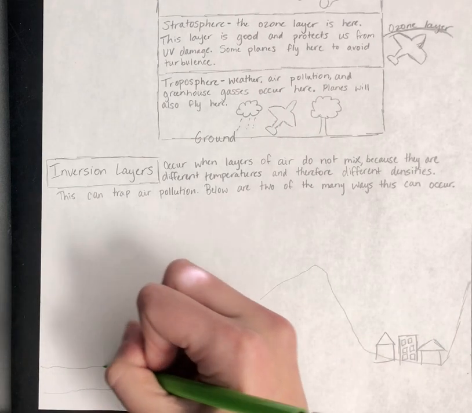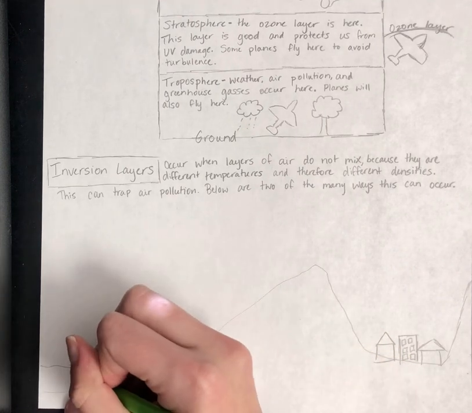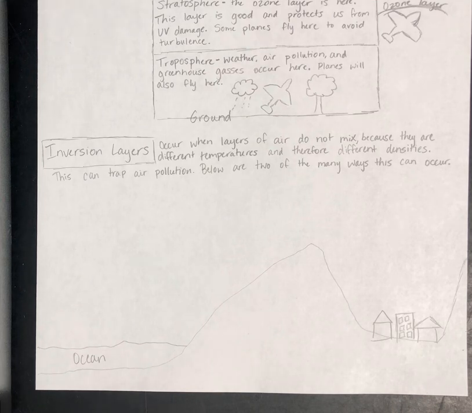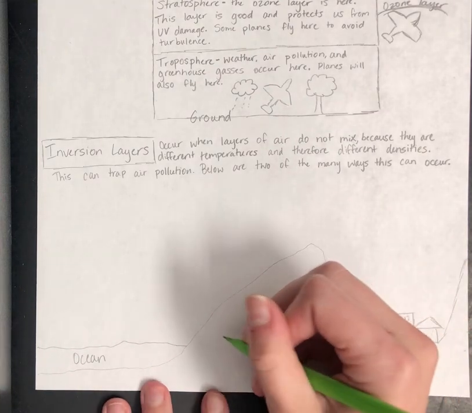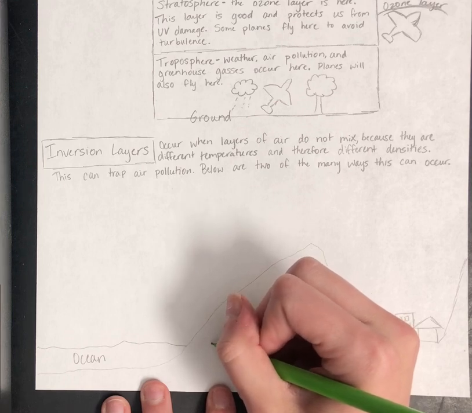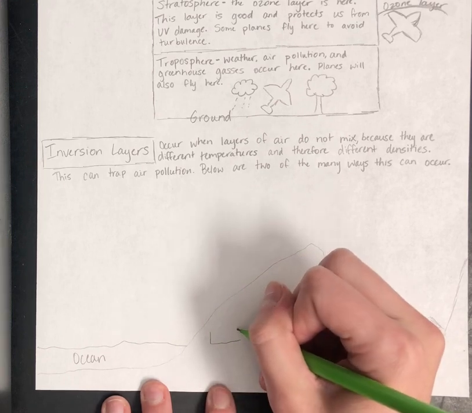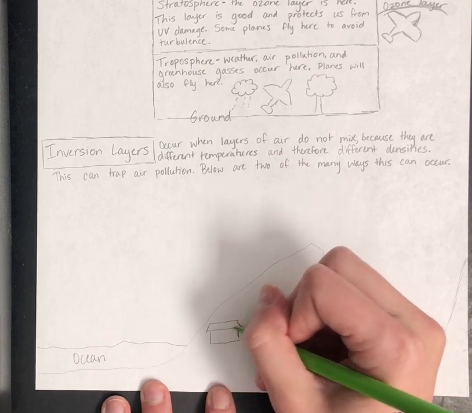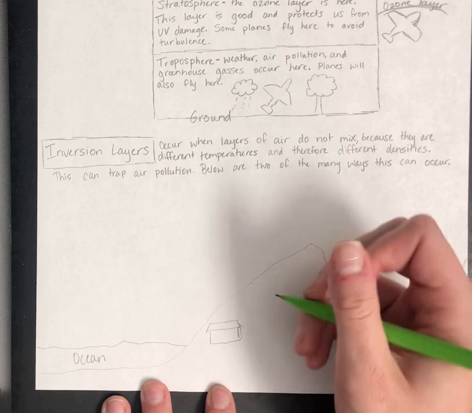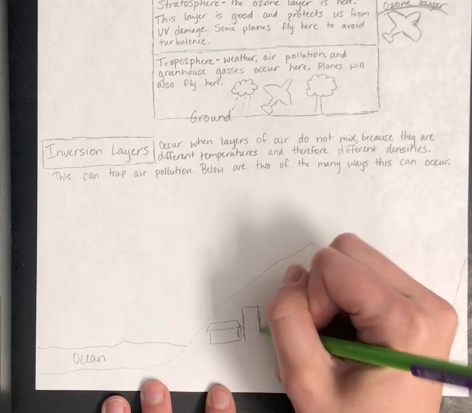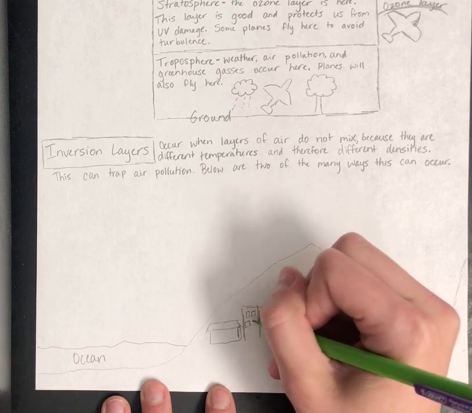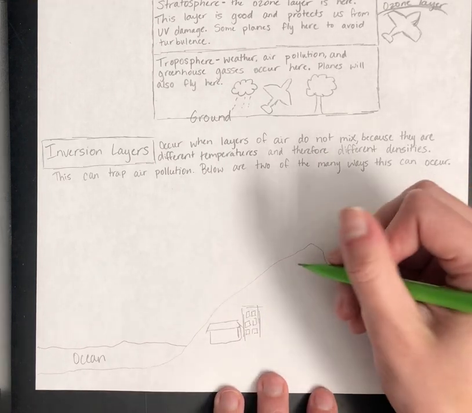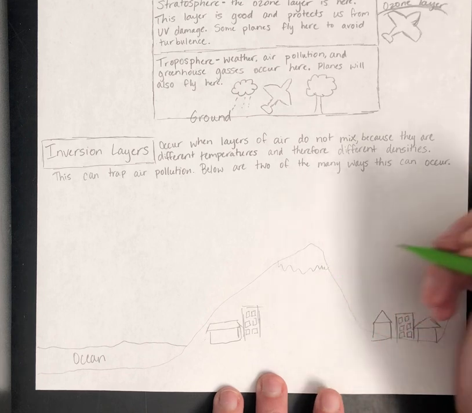Over here, this is our ocean. So we'll make some little houses over here along the beach area. We'll have some snow up here on the mountain.